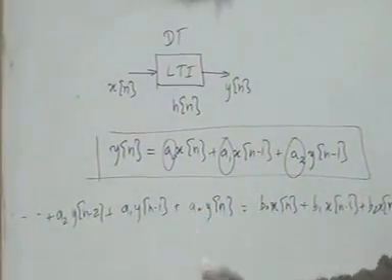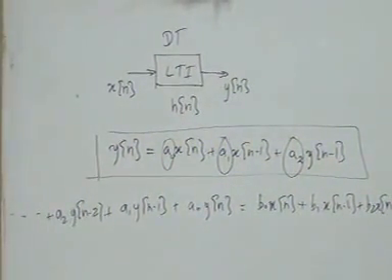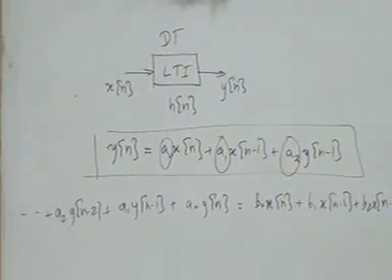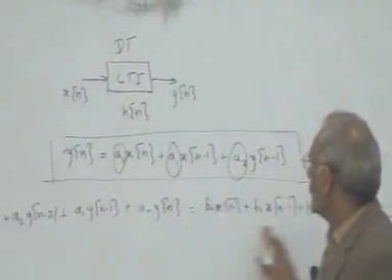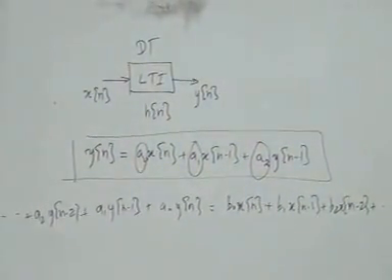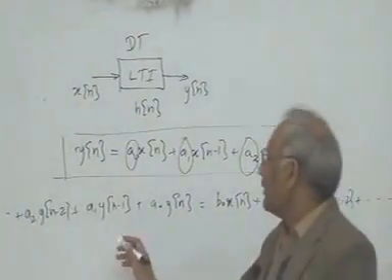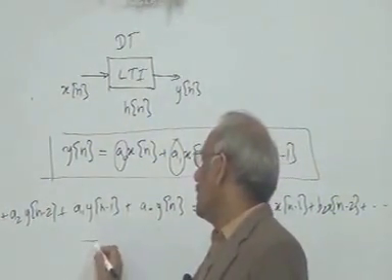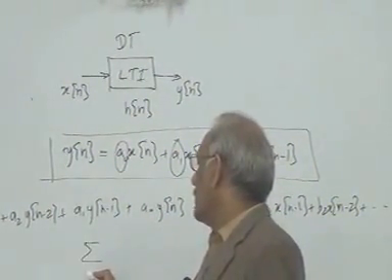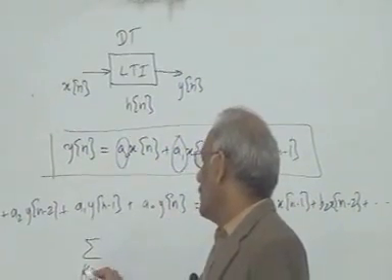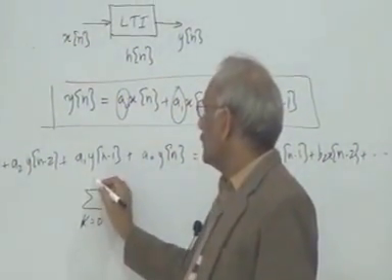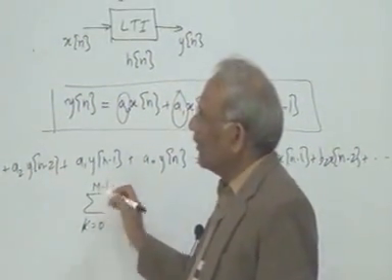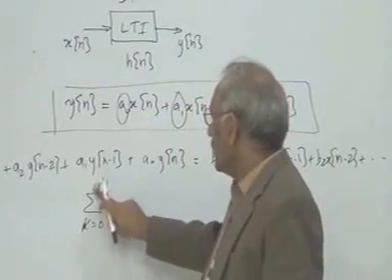where all the coefficients of y's we take as variable a, and all the coefficients of x we take as variable b. In general, if we write it as a summation, it will give you summation with k equal to, let's say, 0 to whatever, m minus 1, or you can call this n on this side.